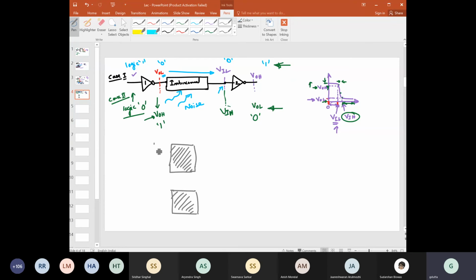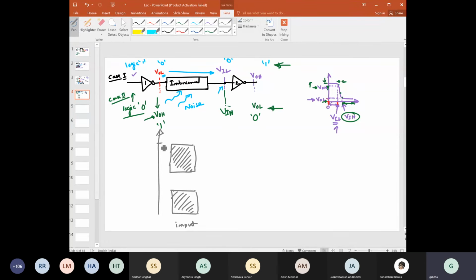Here, we are considering the input voltage.